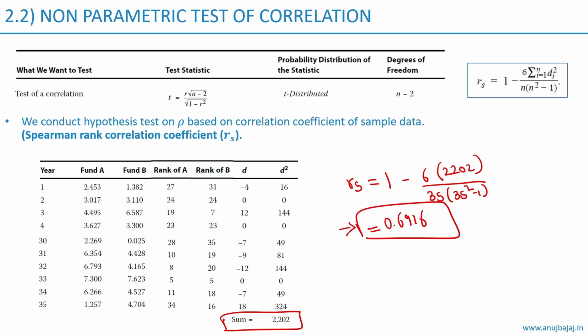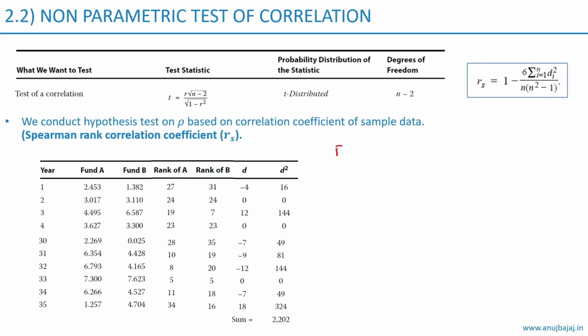So we insert this correlation coefficient in the test statistic. We find out the test statistic and then compare it with the critical values computed and conclude whether we accept or reject the null hypothesis. The process remains the same except for the calculation of the sample correlation coefficient.